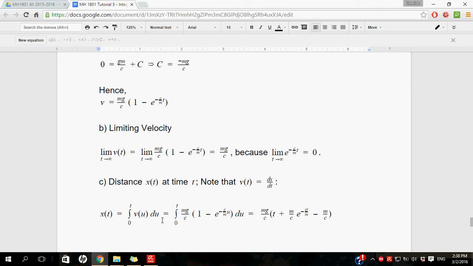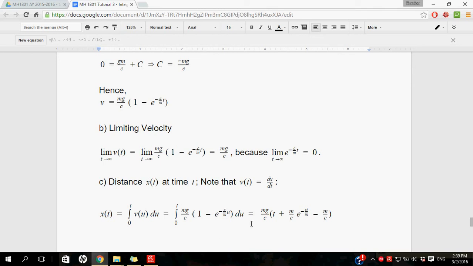Because I want the distance at time t, I need to integrate over the interval from time t equals 0 to the time that I want, which is precisely t. In this form, this quantity will give me a positive number, and this is going to be the distance that I want. So we're taking our formula for velocity and integrating it.